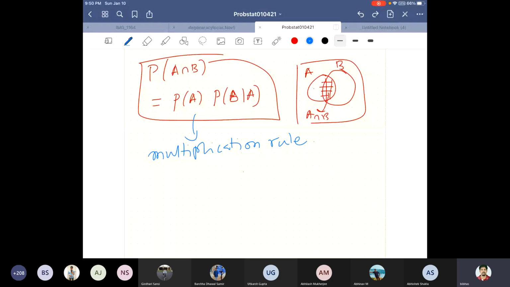It is like you are rolling the die. Let's say there are six options. First time it will appear, and then second time you are rolling it. You are not rolling two dice at a time. If you do two at a time, then that is a different experiment. So the sample space will be correspondingly totally different.